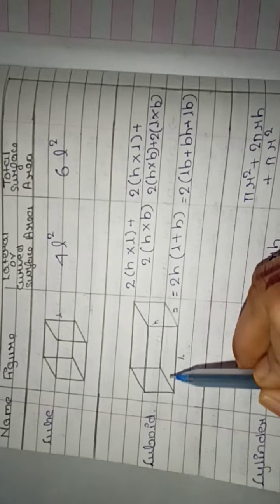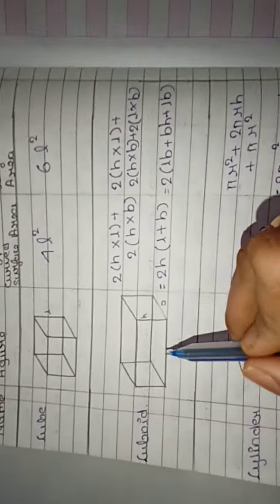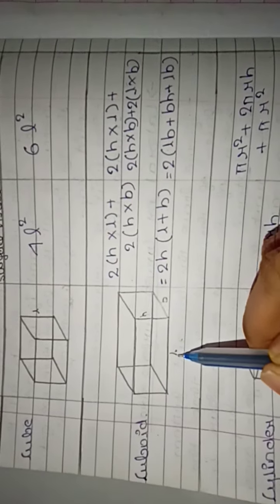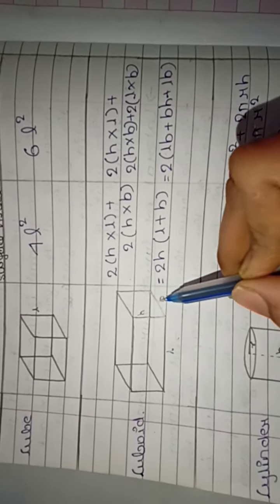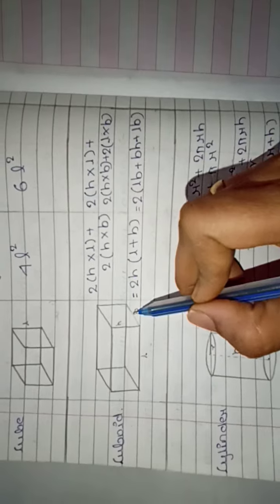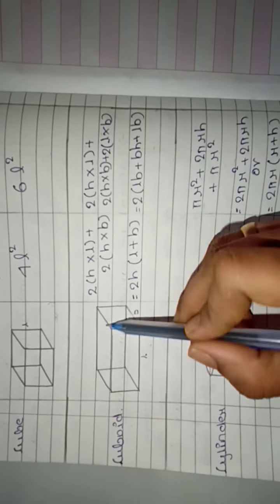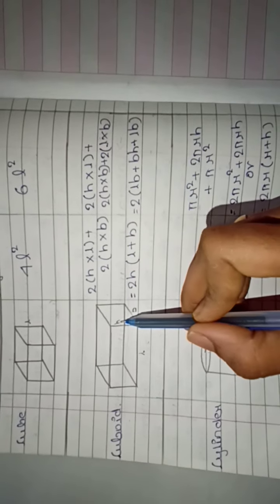Next is a cuboid. Cuboid means all the faces are rectangular. The front face will have a length, a height, and a breadth. So this is length, this is height and this is breadth. When we talk about this particular face, it will be length into height, right?